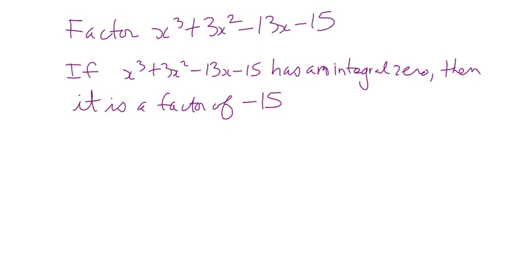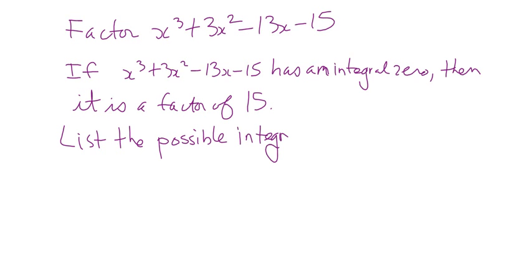Well, minus 15, but I'm just going to drop the negative. It's a factor of 15. So let's list the possible integral zeros. And sometimes that's what the question is: just list the possible integral zeros, which we will call P-I-Z. Okay, what are the possible integral zeros?